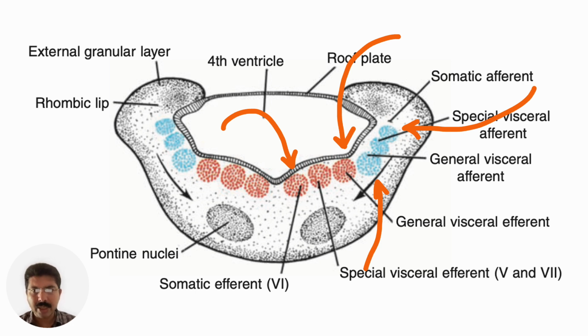This organization provides a very useful framework for understanding the location of specific cranial nerve nuclei within the brainstem. As we go through each cranial nerve, we will refer back to this basic columnar organization to help you visualize where their nuclei are situated and how their functions relate to their location.